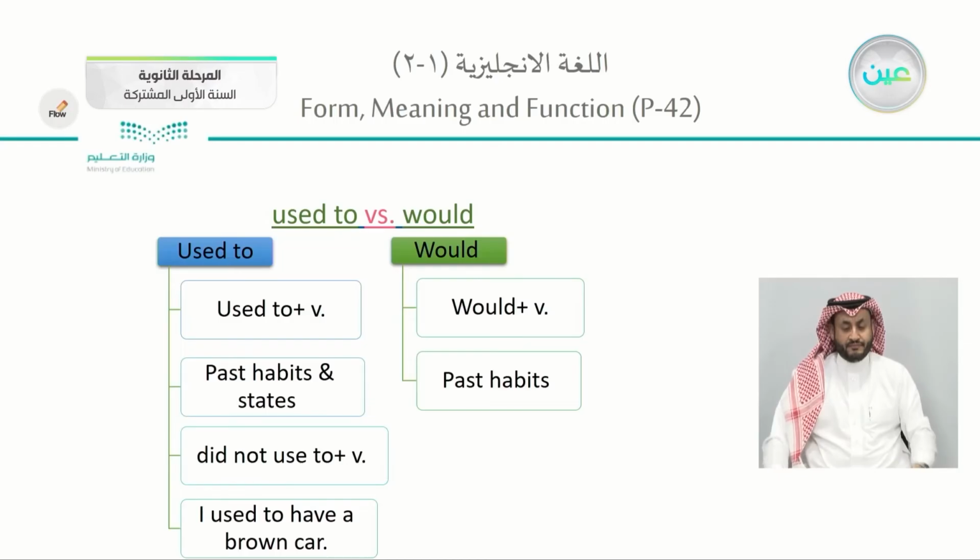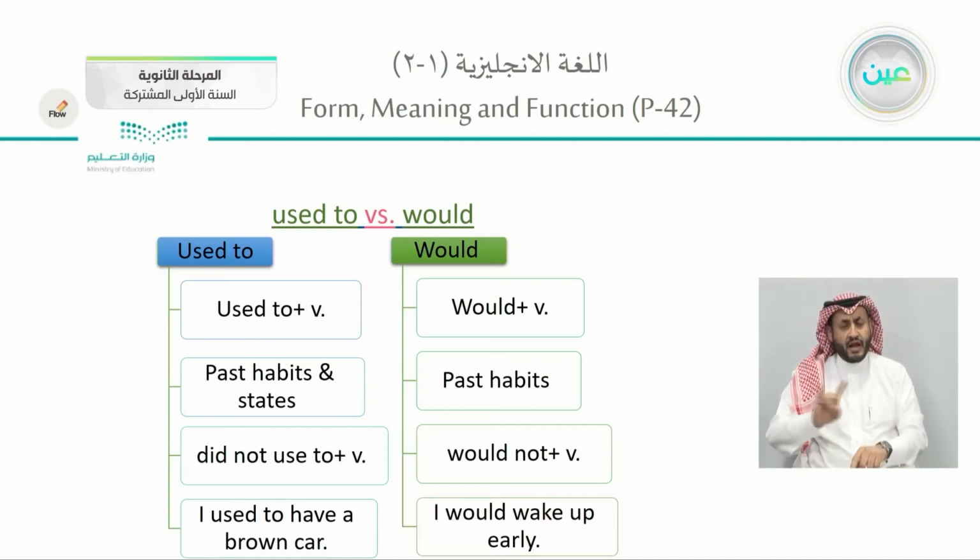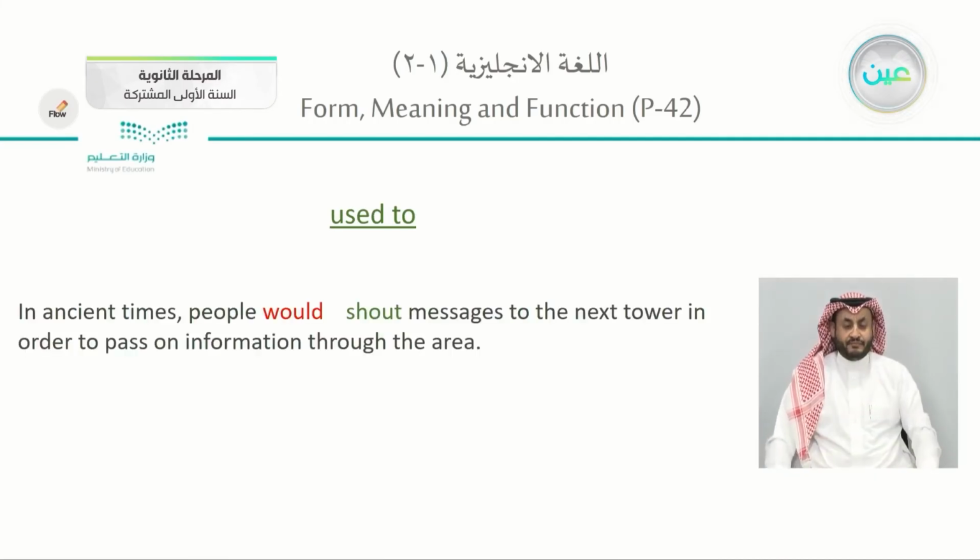Also, it will be only about the past habits, things I used to do in the past. Also, would not do something, and also would wake, like the example, I would wake up early, not would have short brown hair.